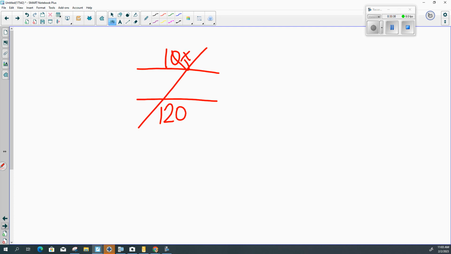That went kind of crazy. Okay, 10x, 120. Find x. That's just 10x. I don't know what happened. The marker just went down. Find x. Are these equal? Do they add up to be 180? Those are the two things we're kind of thinking about.